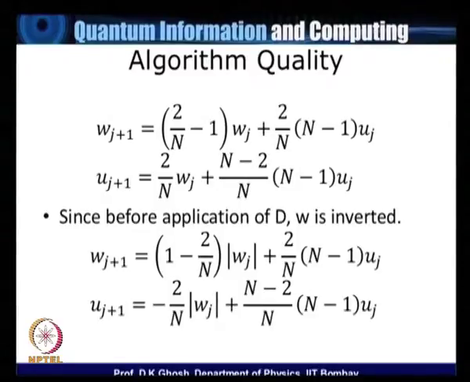So I write the inverted Wj as minus the modulus of W, and I convert this into the U-W equations. We will see in the next lecture that this pair of equations can be easily solved, and we will get an expression for the amplitude after n iterations, and that will tell us about the possibility of success of this.